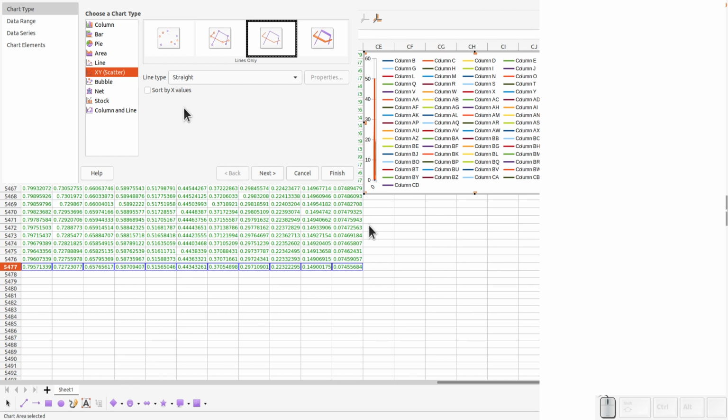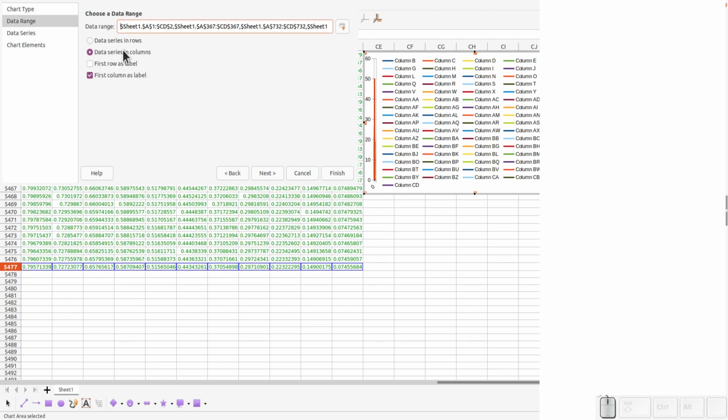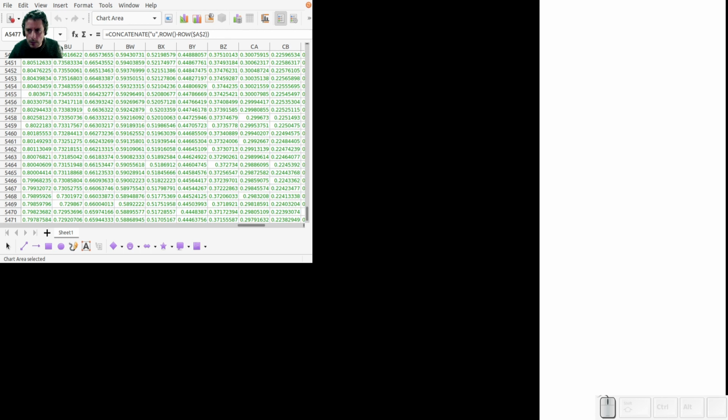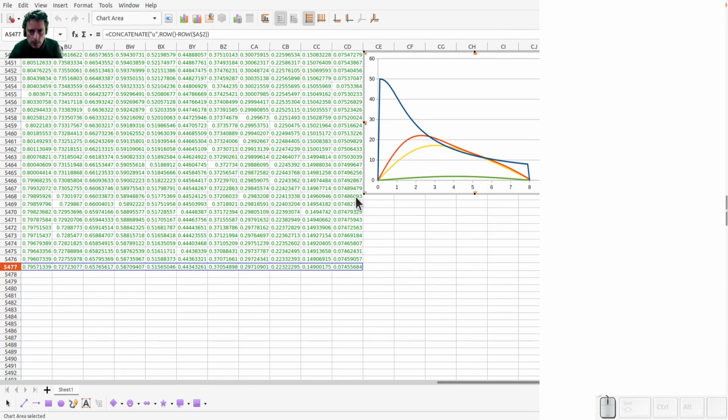We need XY scatter in rows. So these are the various chart elements. X-axis, that's depth, but we could change it soon.